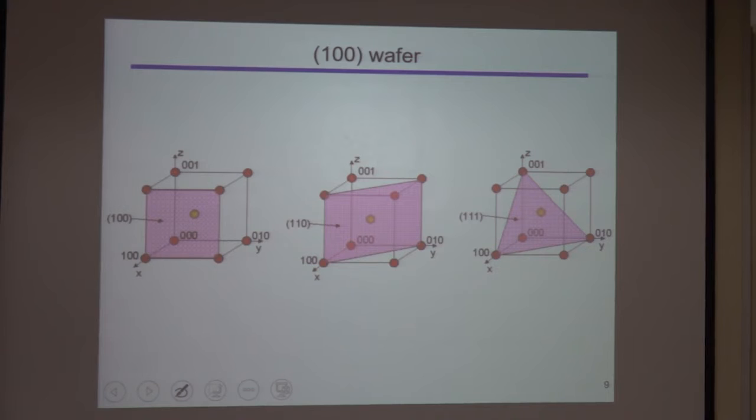So for wafers, we use the surface normal to define the wafer type. So we have the 100 wafer, the 111 wafer, and the 110 wafer.